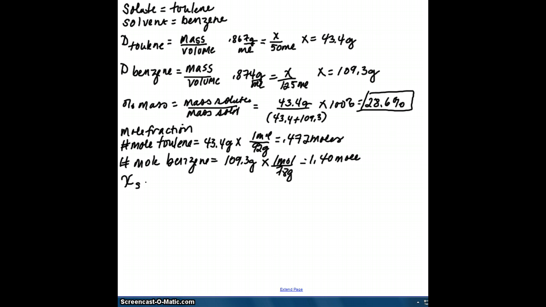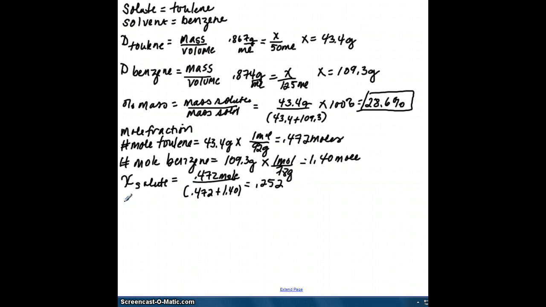The mole fraction of the solute is equal to the moles of the solute, 0.472, over the number of moles of the entire solution, 0.472 plus 1.40. The mole fraction of the solute in this solution is 0.252.